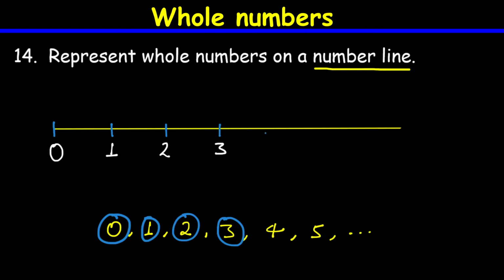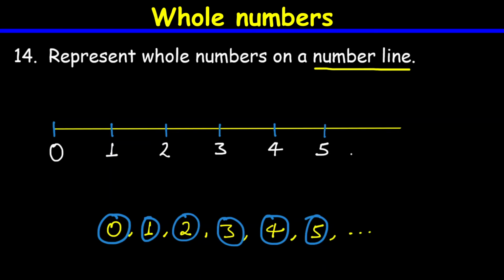Then mark another point on the right side of 3 and label it with the next whole number, which is 4. Then mark another point on the right side of 4 and label it with the next whole number, which is 5.